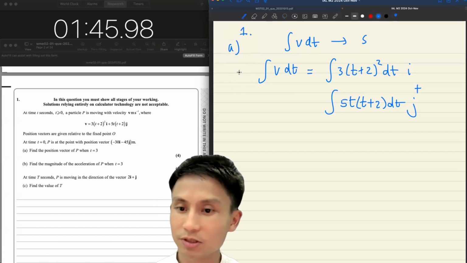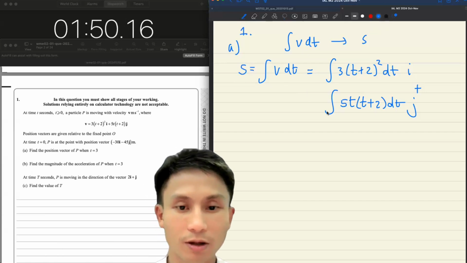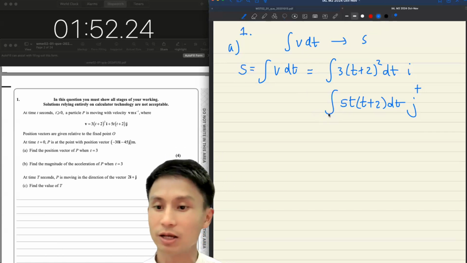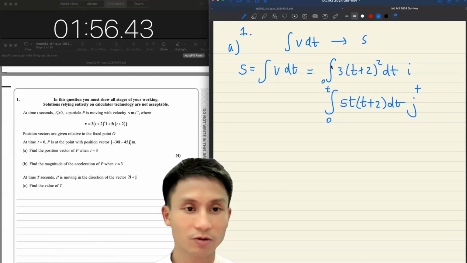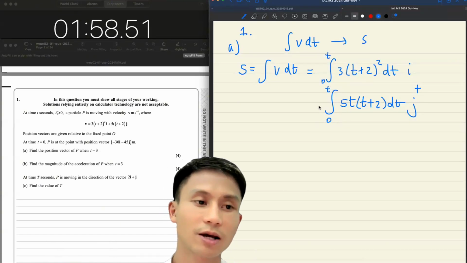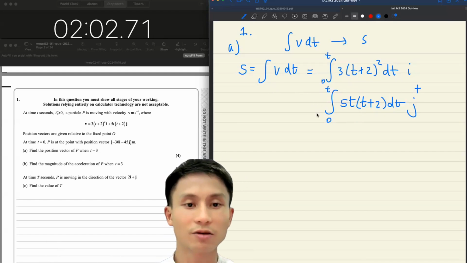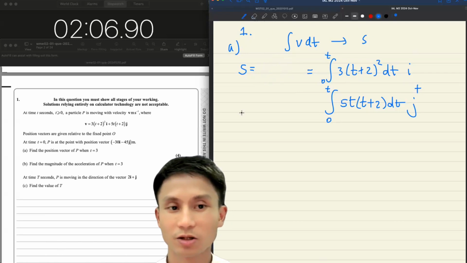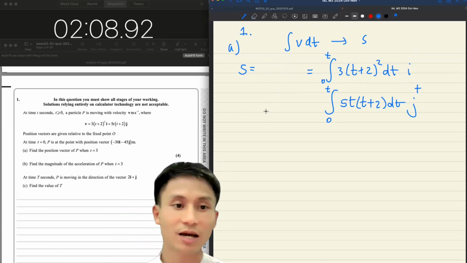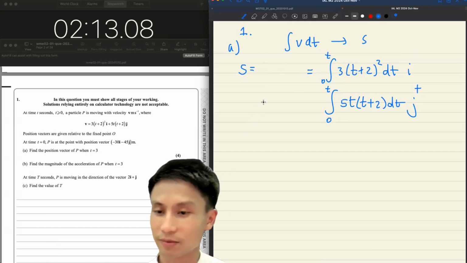So this is actually position vector P, but I'll put it as s, right? Now, if you already use the bounds here, put 0 here and t here, and 0 here and t here, right? You can already change the other side of the equation, which is this side, to be the actual position vector at time t equals 3 already.